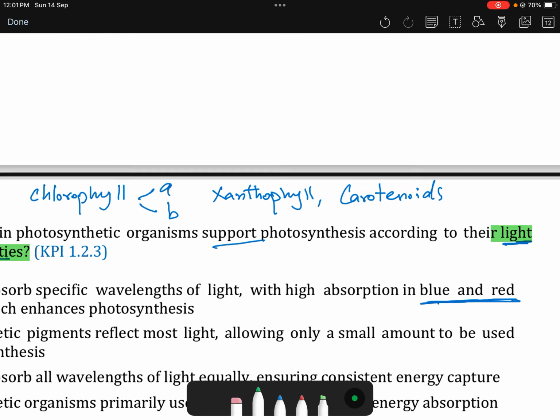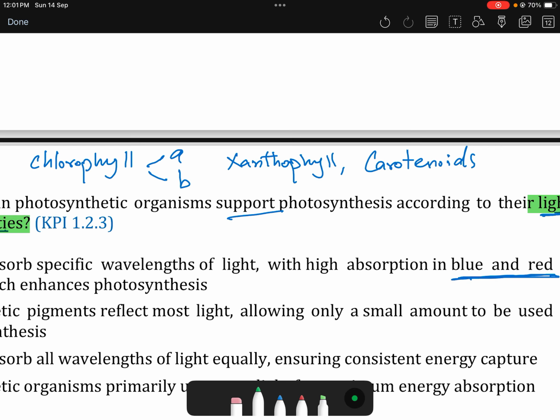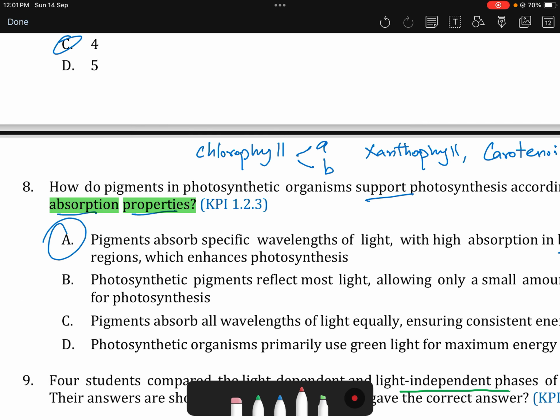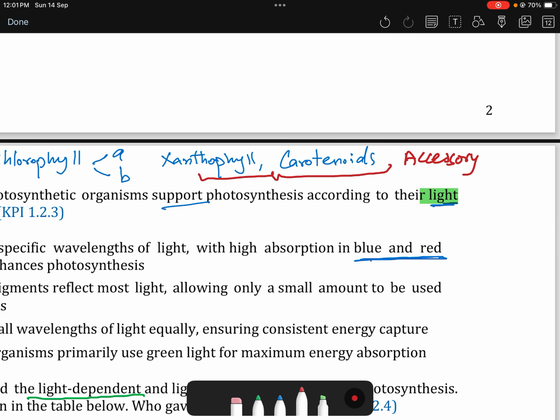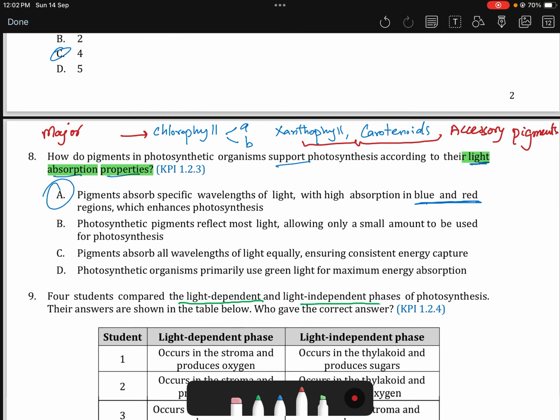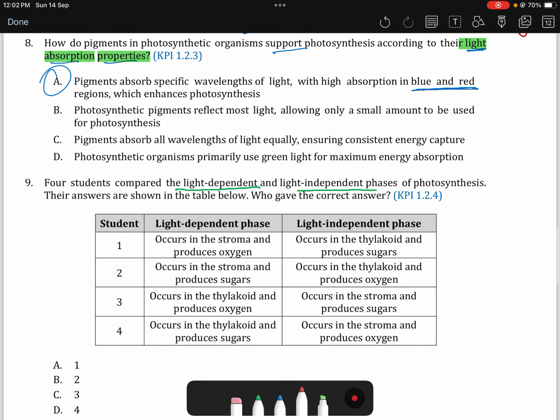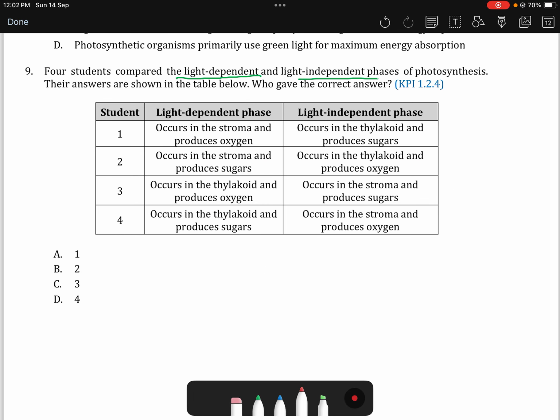By the way, before that, chlorophyll A over here is the major pigment, the most important pigment, while these two are called accessory pigments. Accessory pigments help the major pigment absorb the light which it cannot absorb.